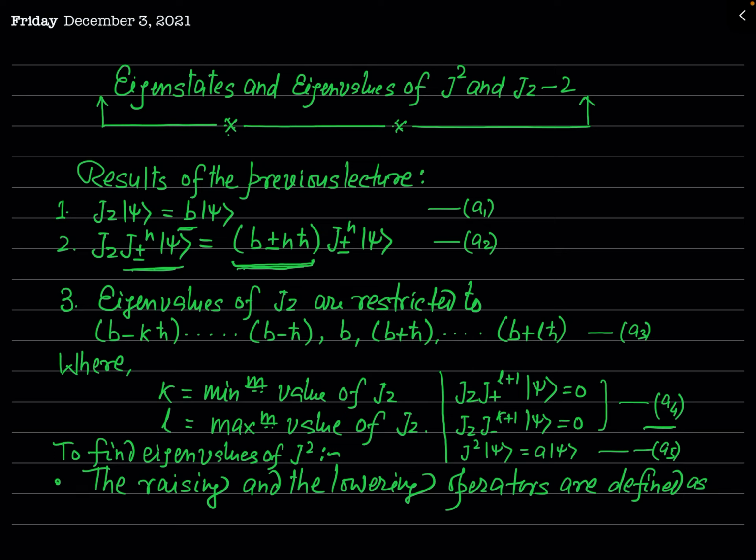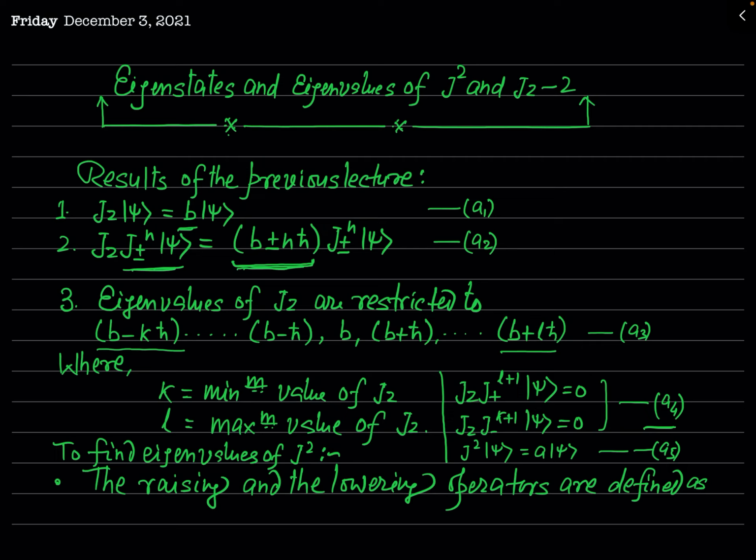The least value was b minus k h cross, and the highest value was b plus l h cross, where k is the minimum value of Jz and l is the maximum value.